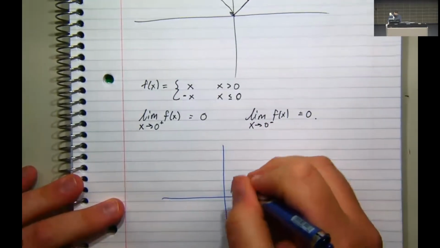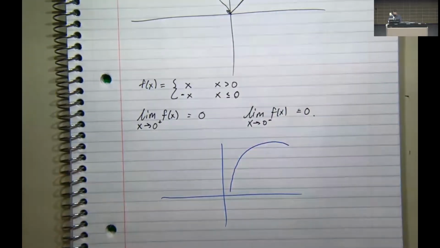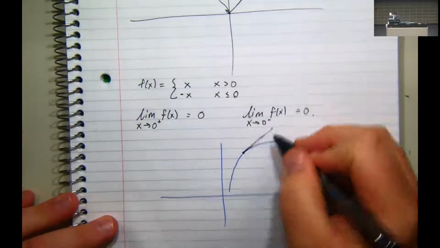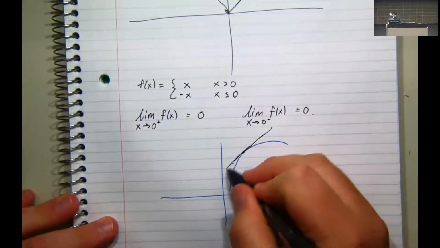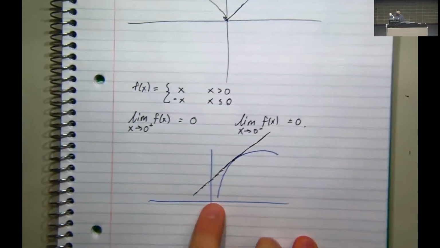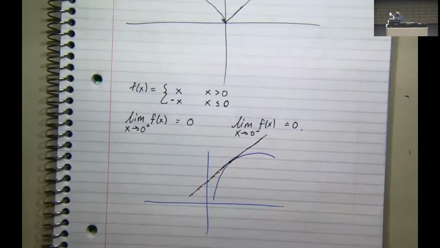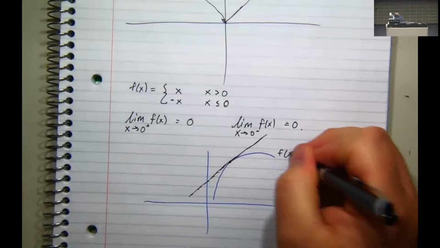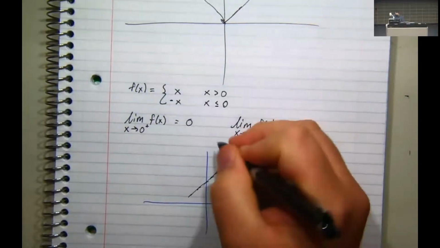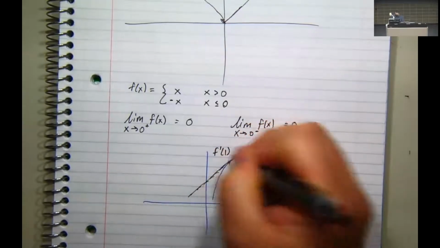So now we're finding the tangent line. We have f of x here, and let's say this is 1. What is f prime at 1?